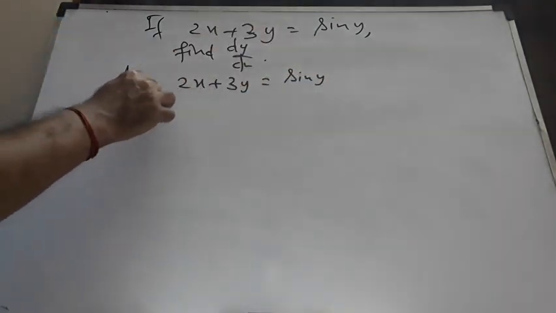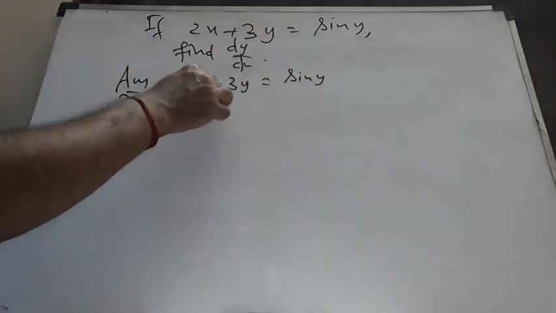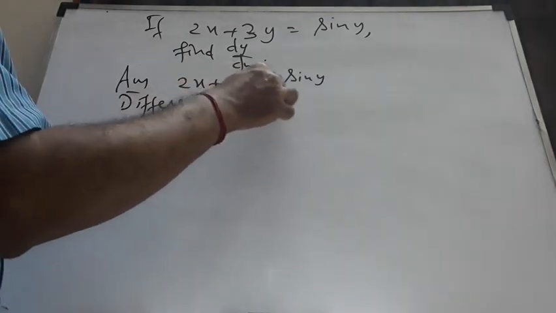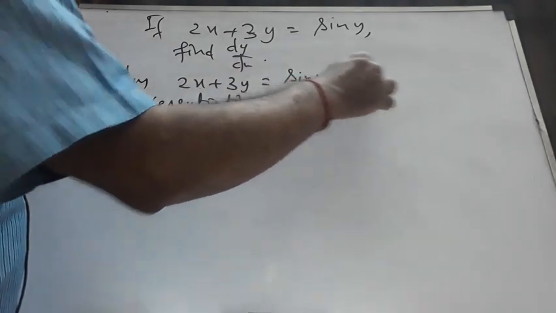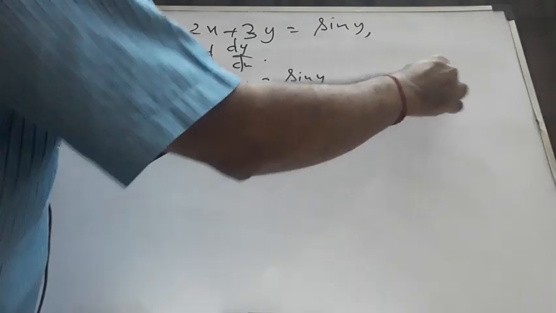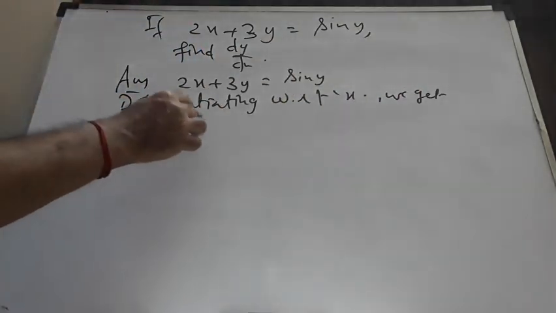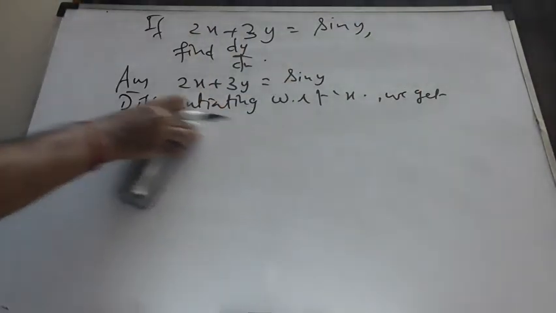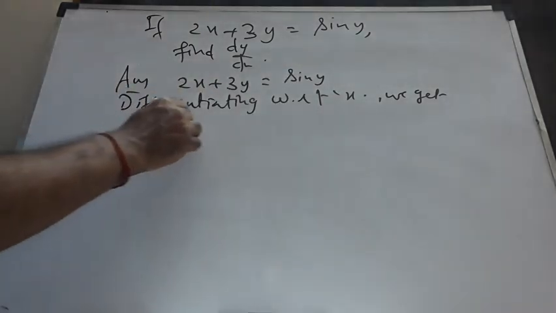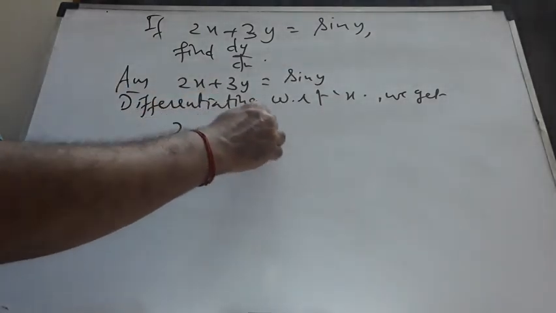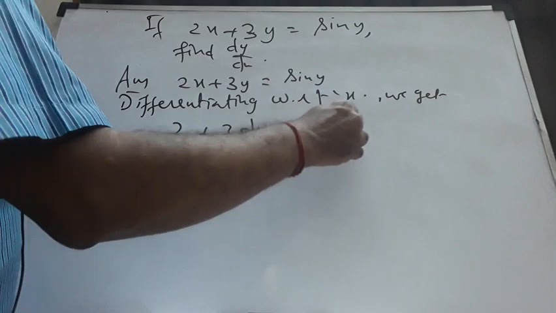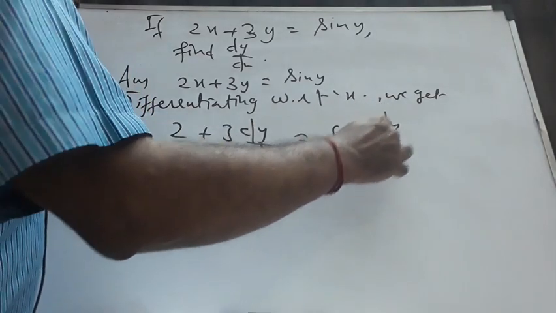Okay, now as usual, differentiating with respect to x, we get, what do I get? 2x, derivative of 2x is 2, 2 plus 3 dy by dx is equal to cos y into dy by dx.